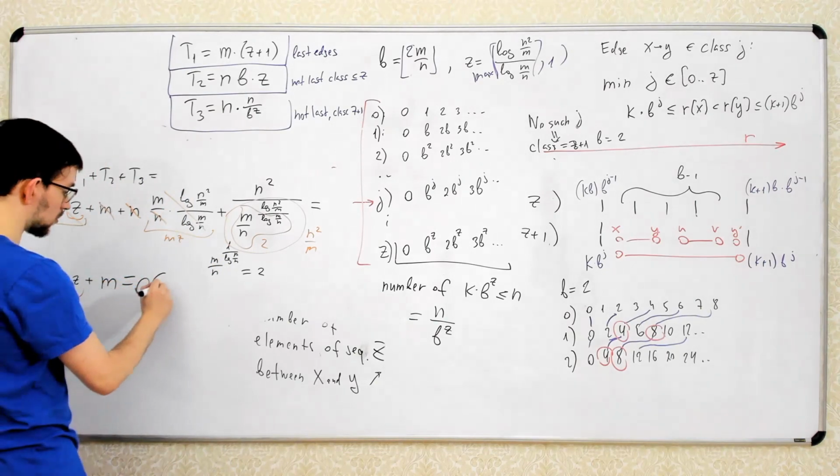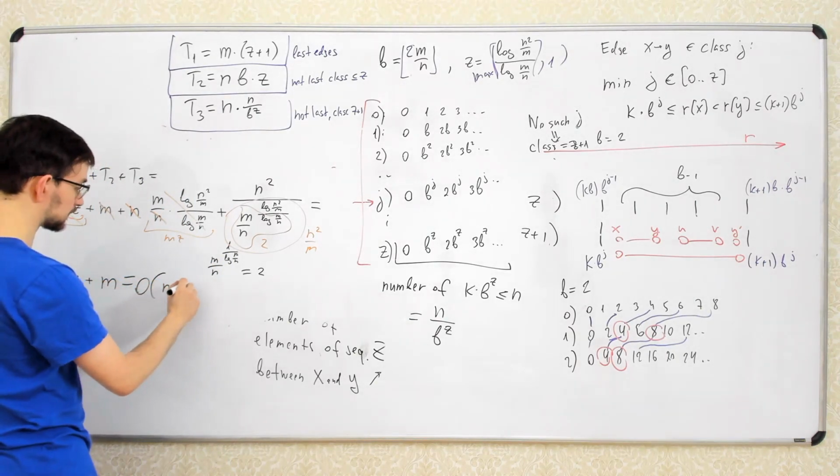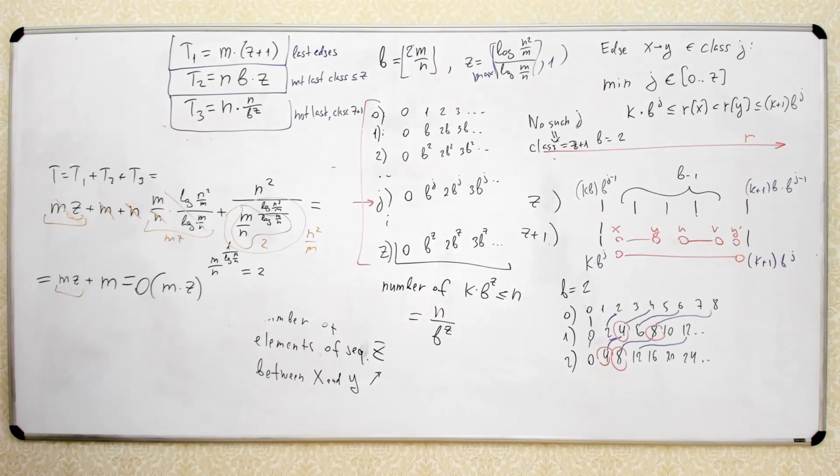So again, this is big O of m multiplied by z.